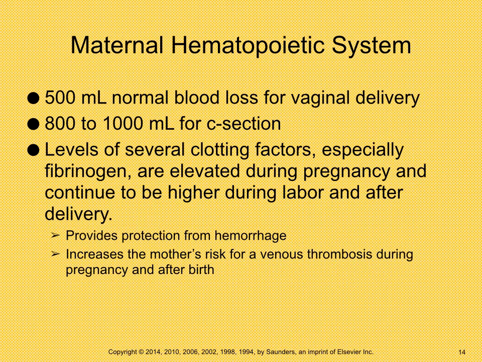Levels of several clotting factors, especially fibrinogen, are elevated during pregnancy and continue to be higher during labor, and that's to help protect moms who might be at risk for hemorrhage. It increases their risk for thrombus events, though, during pregnancy, not only because of the increased blood volume, but also because of the increased fibrinogen levels.